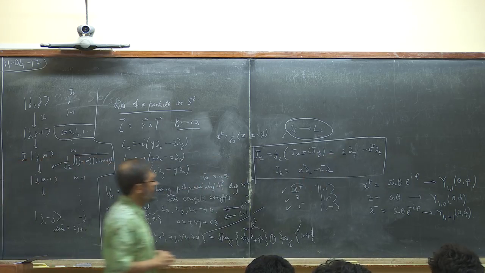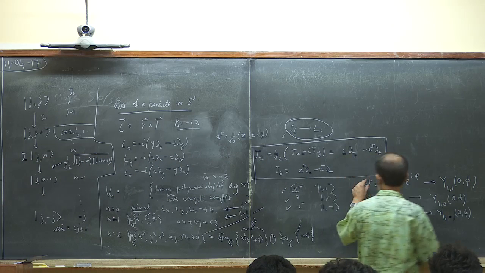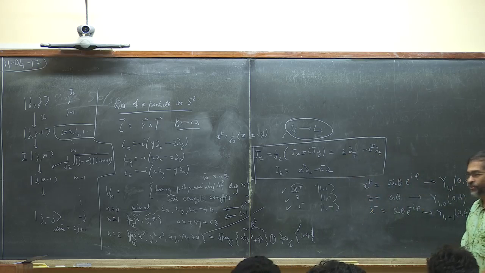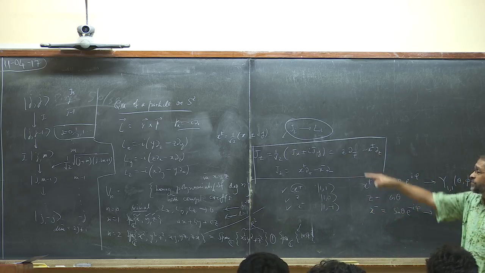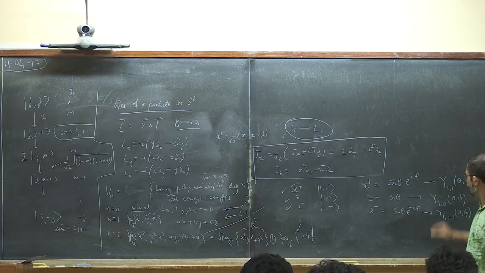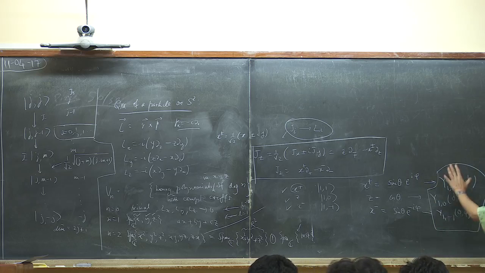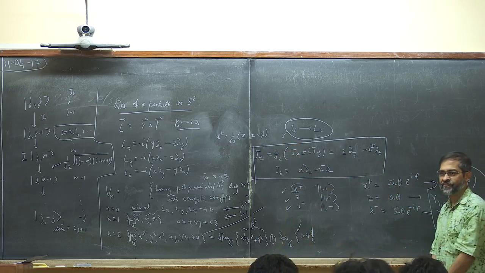What I'm trying to say is that from the fact that this combination x plus, z and x minus carried a representation of the angular momentum algebra, I have arrived at this result that these guys carry a representation of the angular momentum algebra. Once I have arrived at this result, I can forget about how this came.